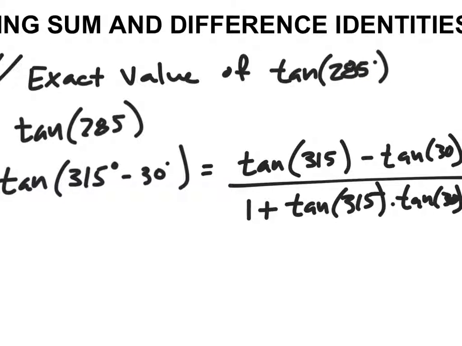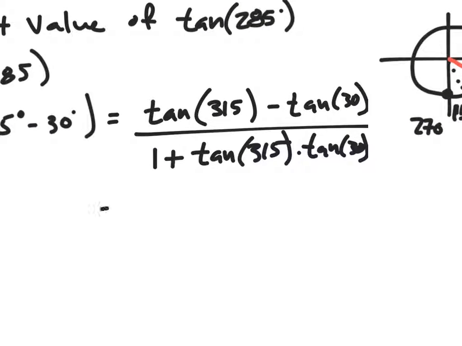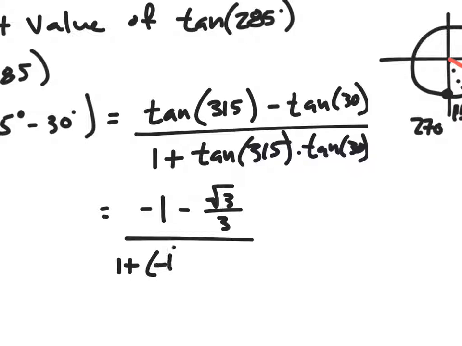So tangent of 315, remember, was just going to give us negative 1 minus tangent of 30, which is root 3 over 3, all over 1 plus tangent of 315, which is negative 1 times the square root of 3 over 3.